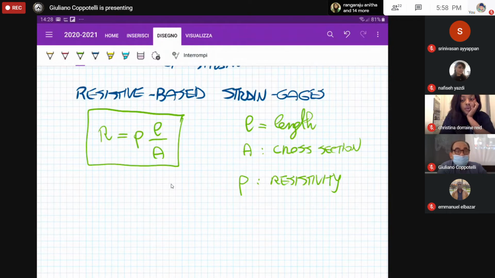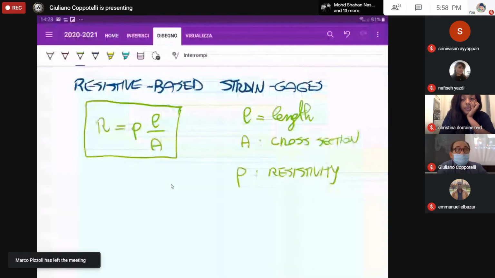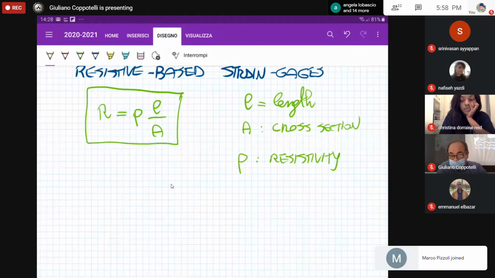Because the electrical resistance is fully bonded to the structure, what the structure is doing is what the resistance will be doing, so that if the structure is changing the shape, is having a strain, then the electrical wire is changing its shape. Okay, the idea is to link this change of resistance, because the wire is changing, to the corresponding strain.